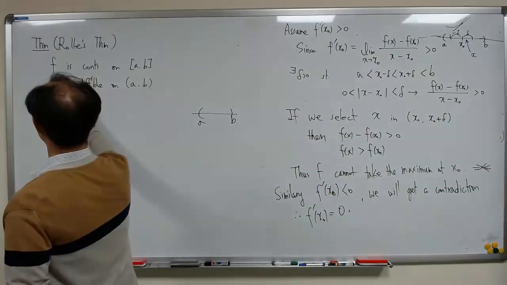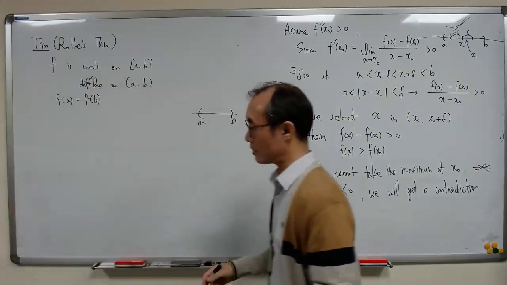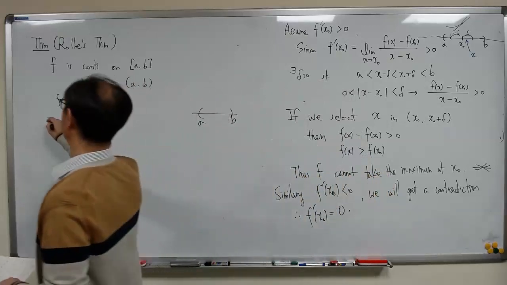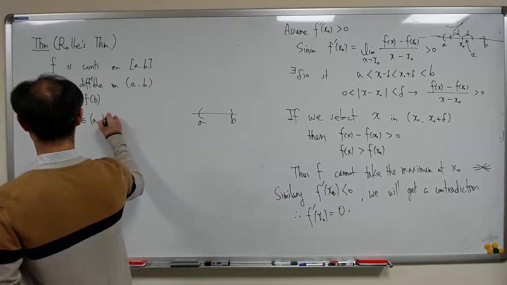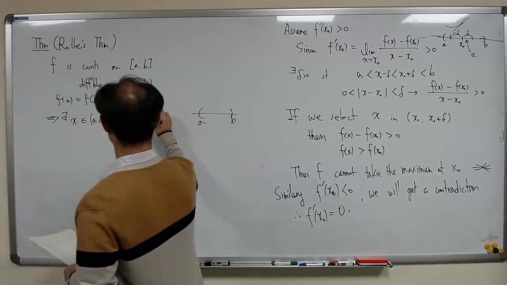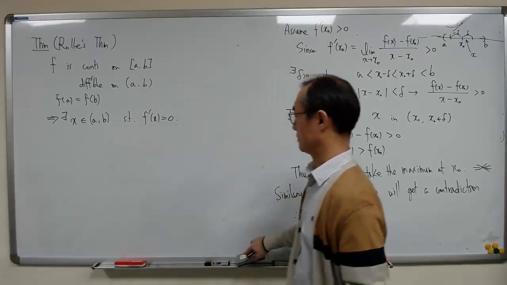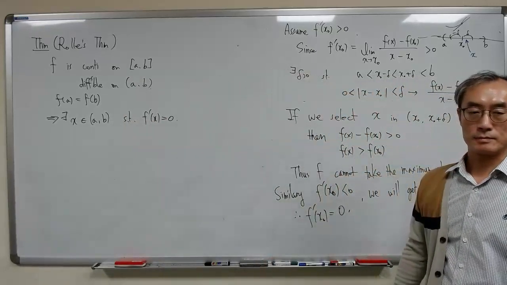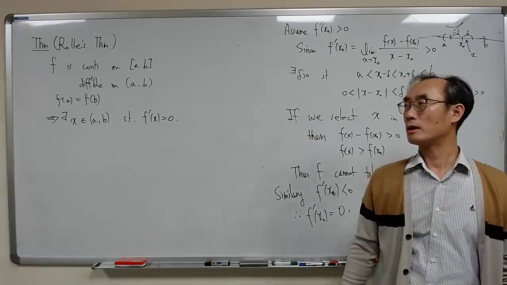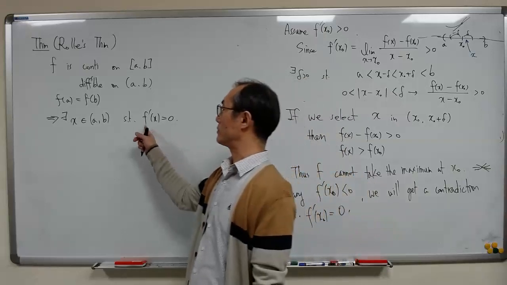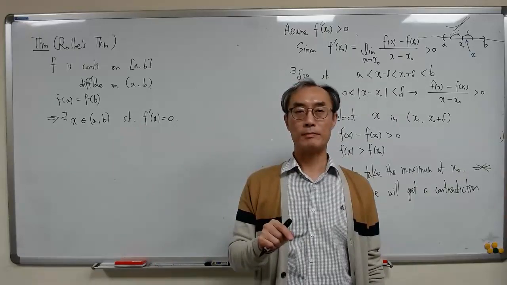Moreover, if the values of this function at those two endpoints are the same, f of a is the same as f of b, then there exists some point x in this open interval such that the derivative vanishes. In the previous theorem, we have seen that the derivative of a certain function must be zero if the function attains the maximum or the minimum.